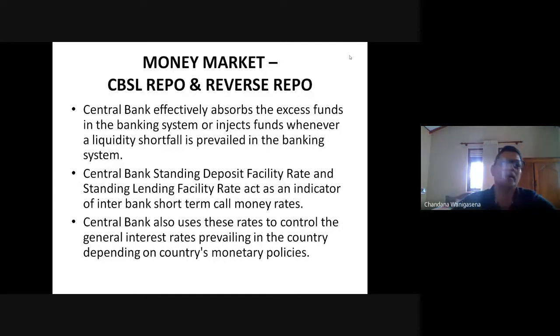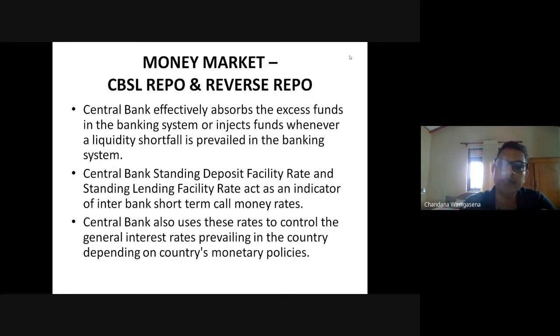The function of repo and reverse repo is this: whenever there is a shortfall in liquidity in the banking system, the central bank can inject cash into the money market and financial system.